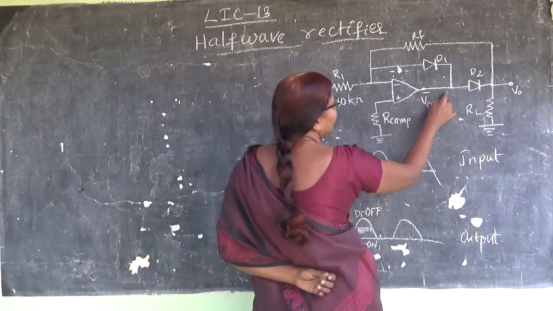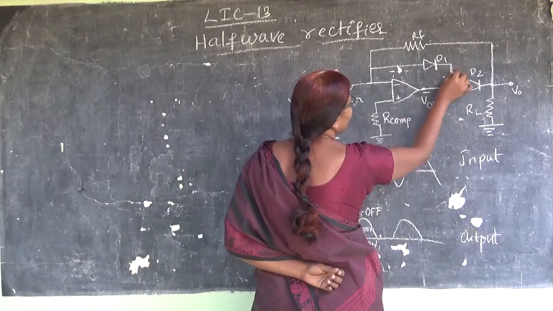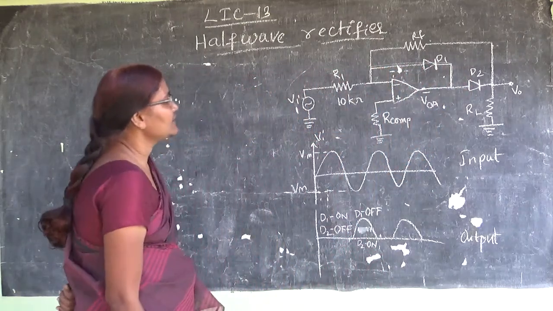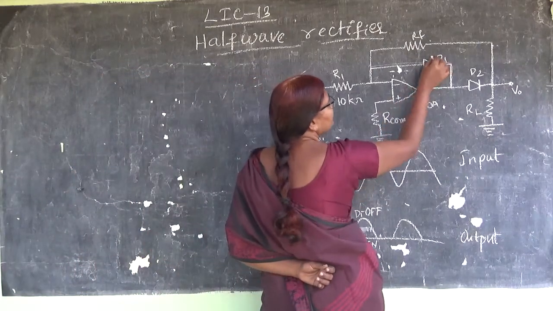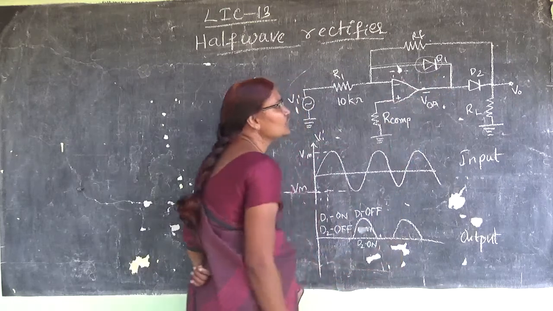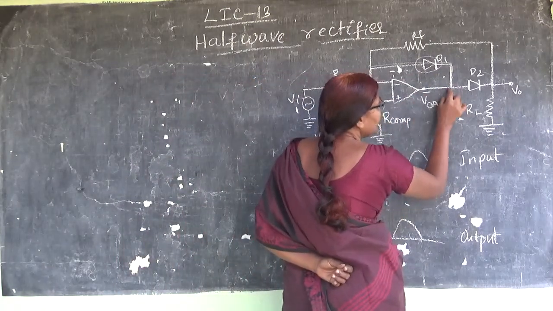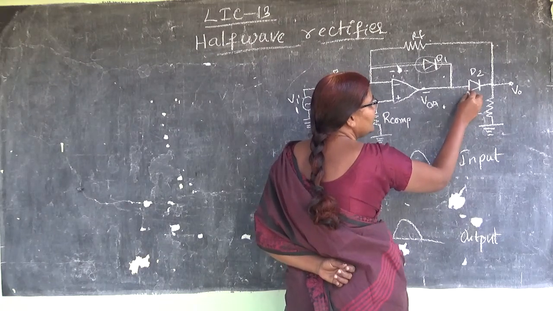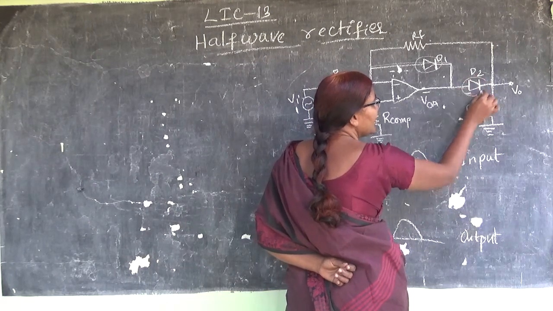So minus to the minus terminal will make this diode conduct. So this diode will be shorted. And if this is negative, then this also will become negative, and negative for this terminal will make this diode reverse biased.